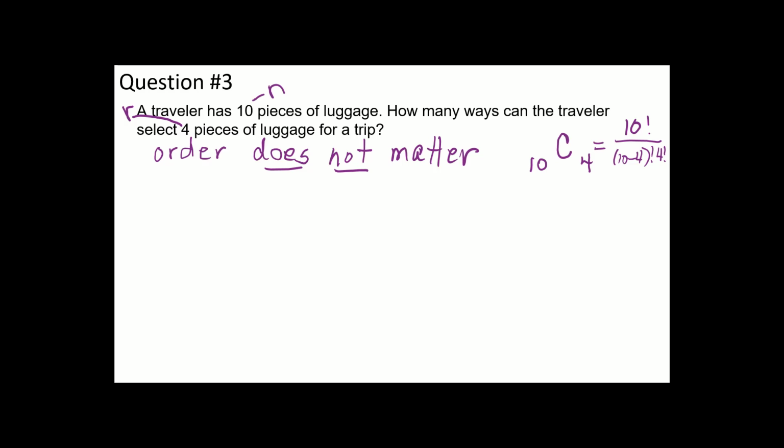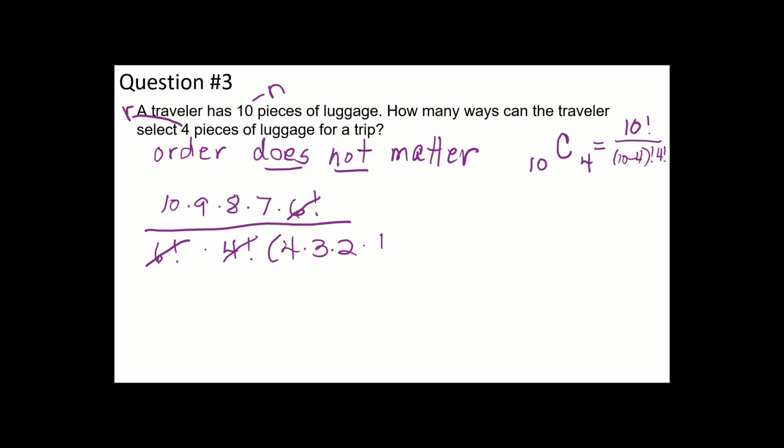In our problem, R is 4, and then we'll work that out. So we'll have 10 times 9 times 8 times 7 times 6 factorial over 6 factorial times 4 factorial. I wrote it this way so I can cancel the 6 factorial, and then I'll expand the 4 factorial so you can see that as 4 times 3 times 2 times 1.